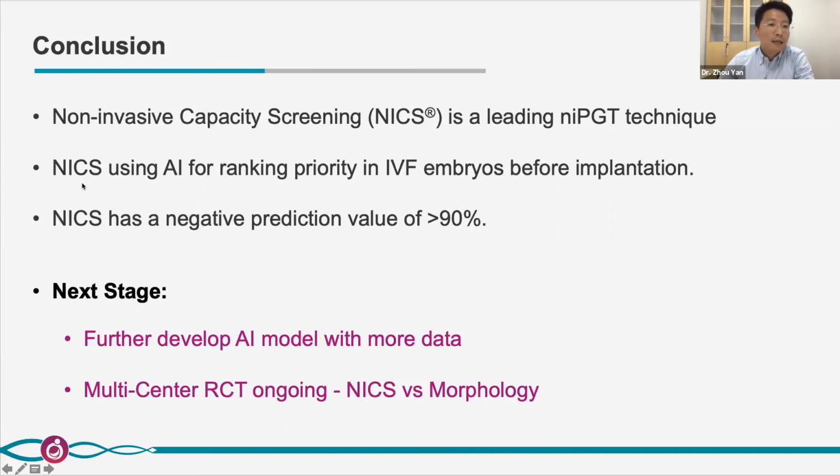This NICSI technique uses AI for ranking the priorities of the embryos before implantation, so that would be a very helpful guide for IVF centers. NICSI also has a very great negative prediction rate of over 90%.